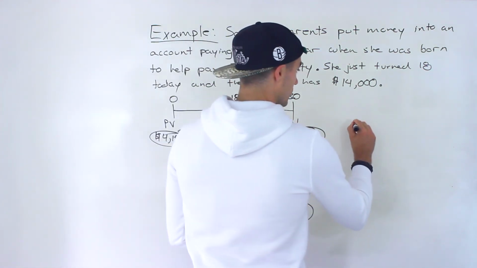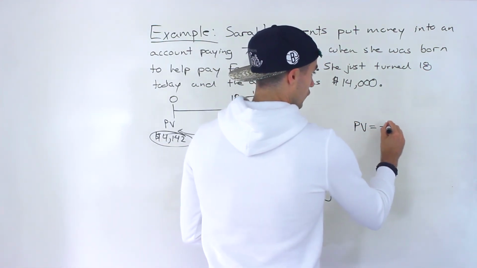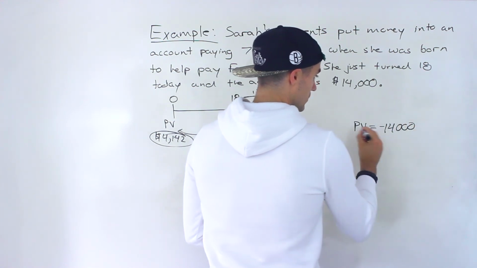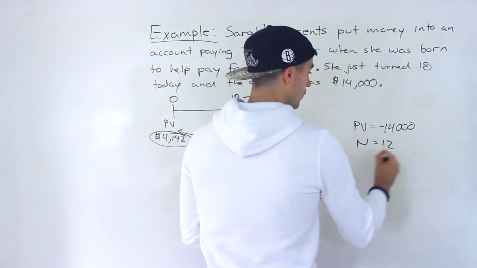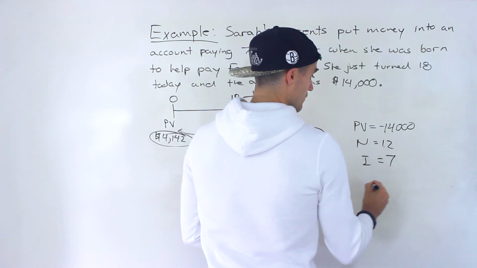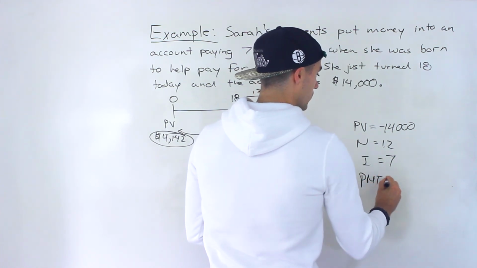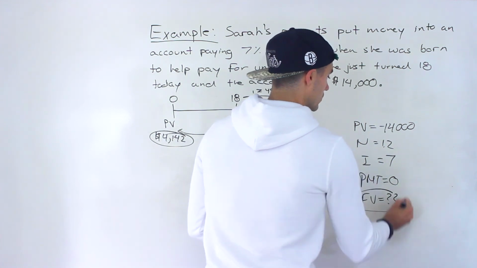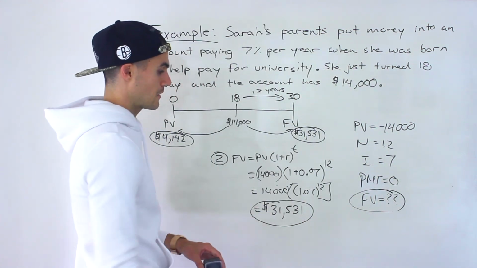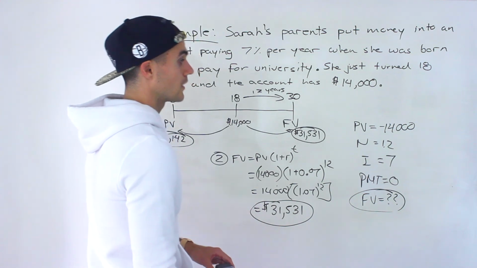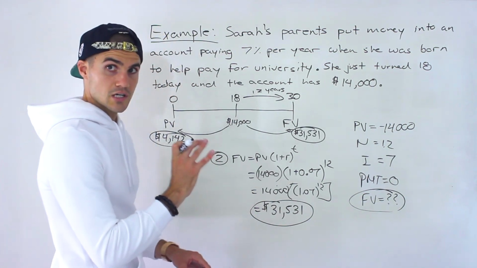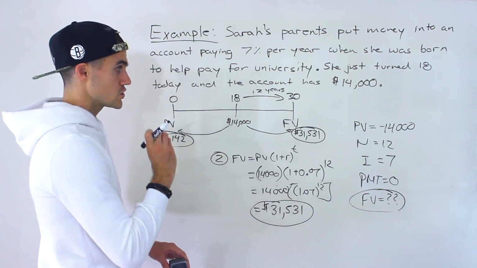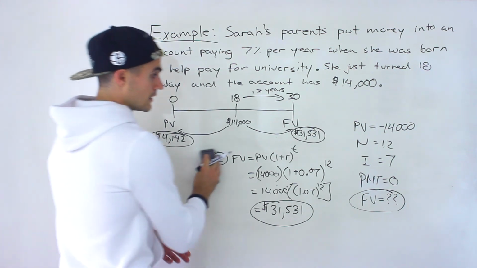With the financial calculator, 14,000 is invested, PV, 12 years, 7%, no payments in between, no cash flows in between. Solve for that future value, and you would get the same amount, 31,531. So that's how much is going to be in the account when she's 30 if she leaves it there.